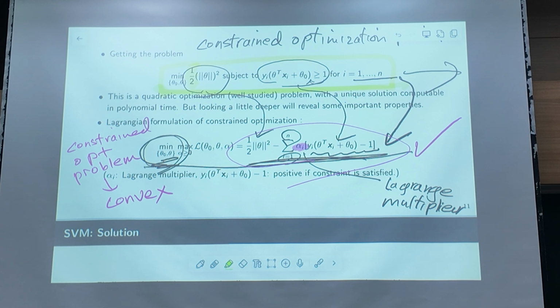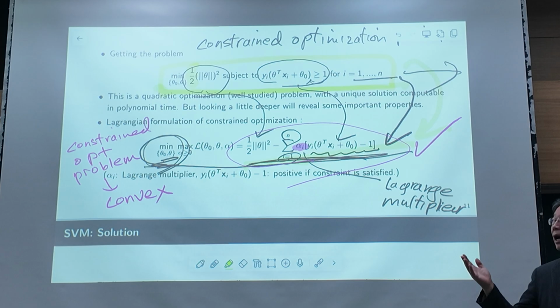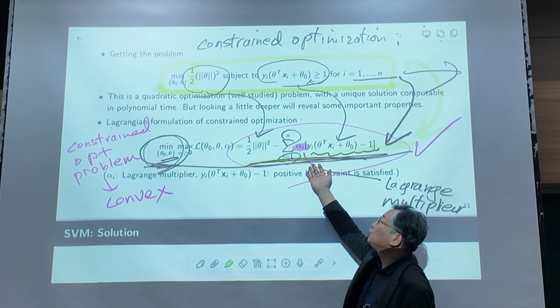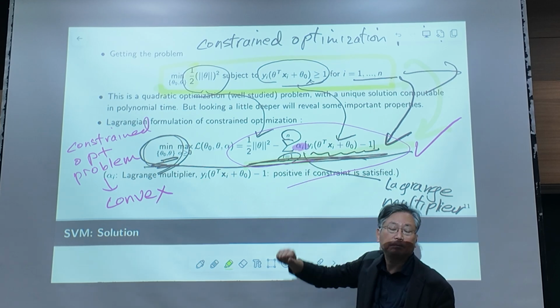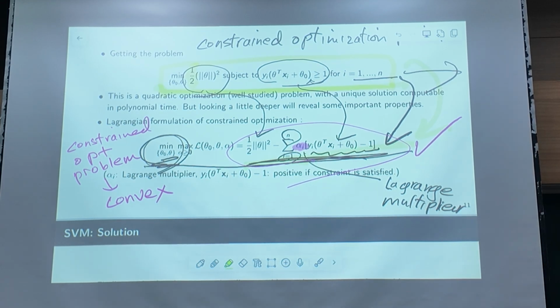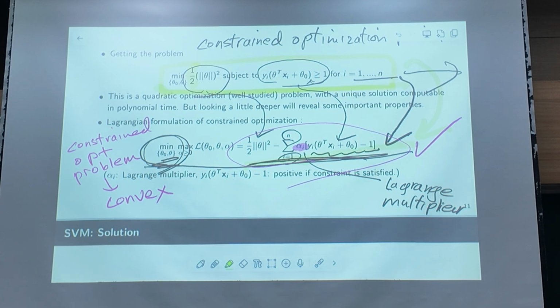And then I reformulated this into the min-max of the Lagrangian. Lagrangian here. And I went through why this would ensure that on the top. And I also mentioned that there is a Lagrange multiplier.